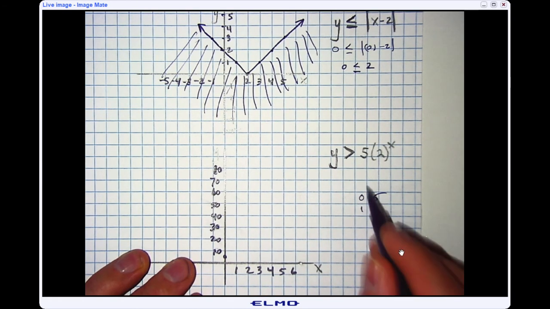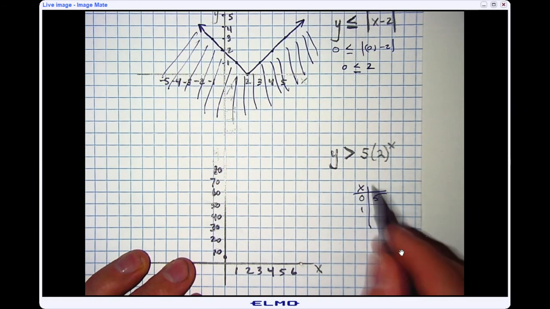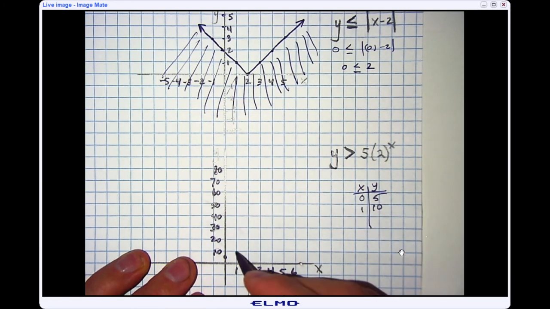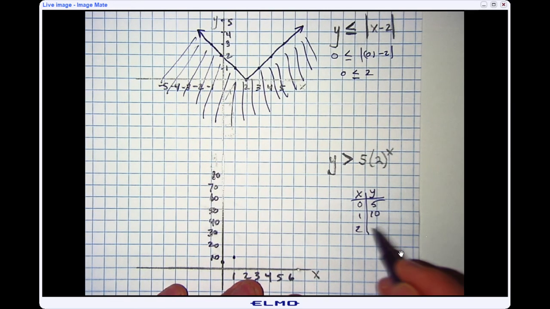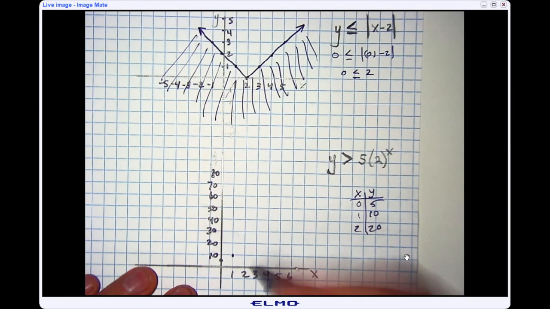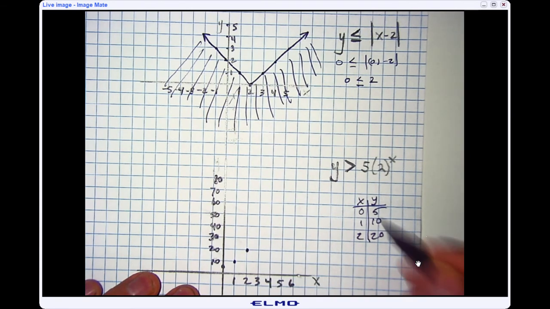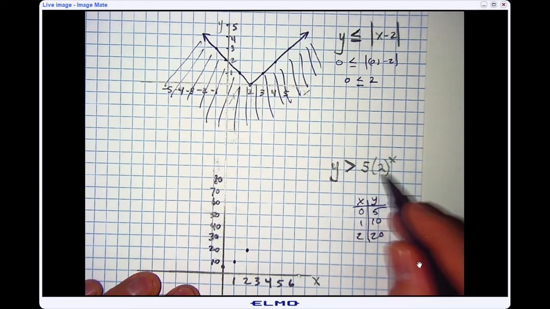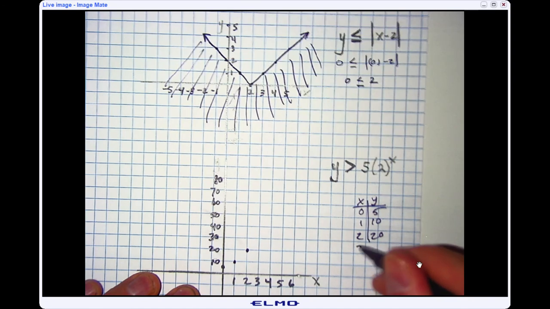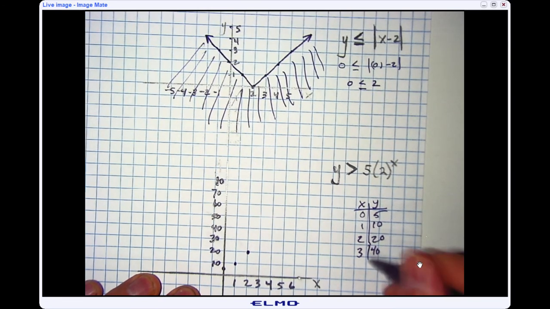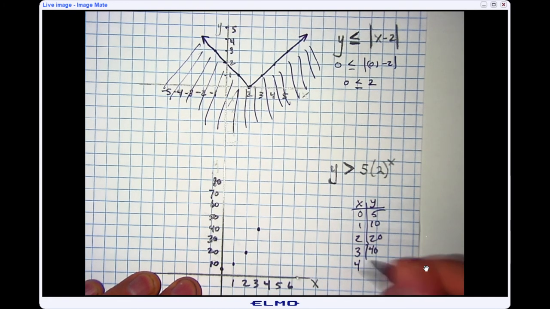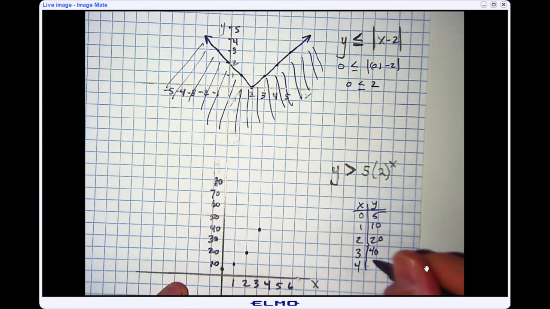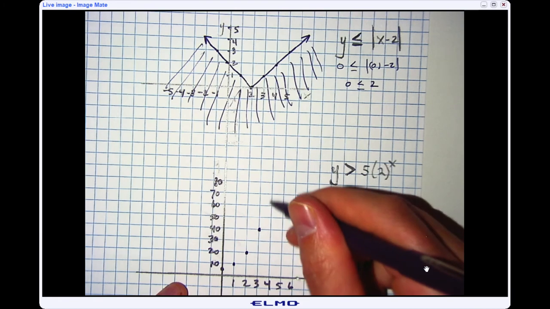If I put in 1 for x, 2 to the first power is 2 times 5 is 10. If I put in 2, 2 squared is 4 times 5 is 20. And you can start seeing a pattern. I keep on doubling it, obviously. That's why it's 2 to the x power. So this would have to be 40. And then when I put in 4, I'm going to be at 80. So the exponential grows really fast.